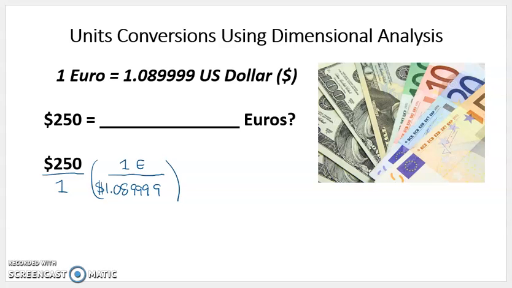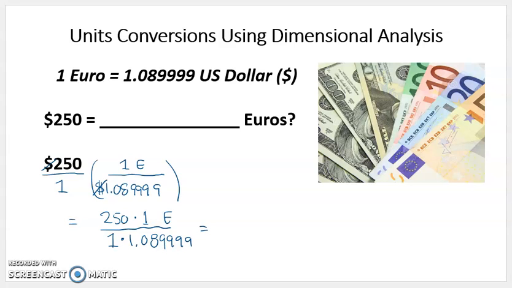Now multiply the fractions, but first let's cancel our units. $1, $1. We cancel the dollar. Again, just treat it like an algebraic expression. So what am I left with when I multiply these fractions? I've got 250 times 1 euro divided by 1 times 1.089999.